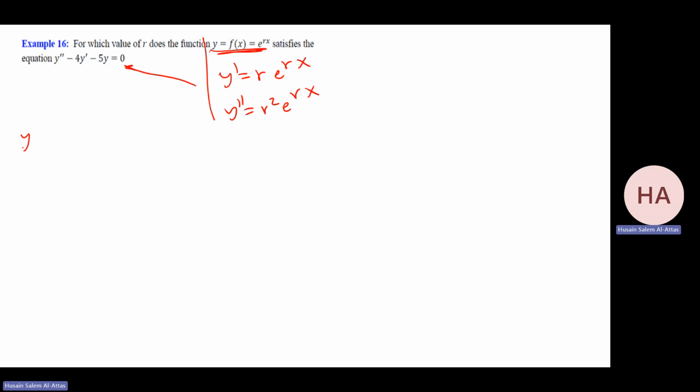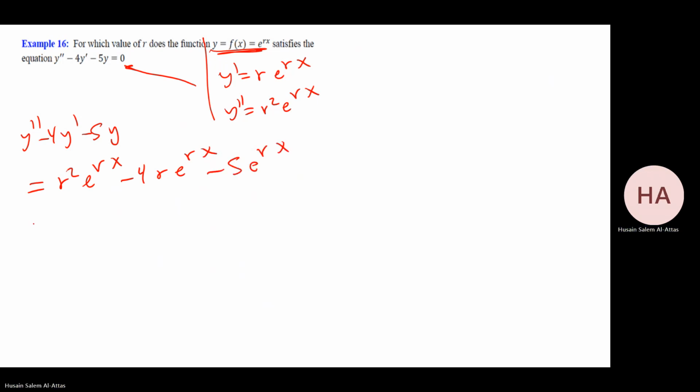So I have y double prime minus 4y prime minus 5y equal to what? r square e^rx minus 4r e^rx minus 5 e^rx. That should be equal to 0. So take e to the power rx as common factor.